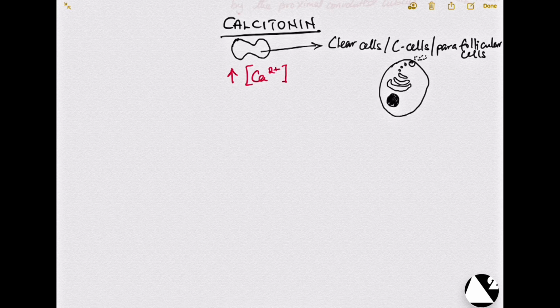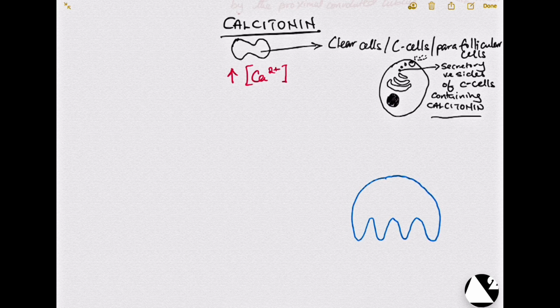Now, calcitonin is a 32 amino acid peptide which is stored in secretory vesicles in parafollicular cells. The way calcitonin restores physiological calcium levels is by binding to calcitonin receptors on osteoclasts.